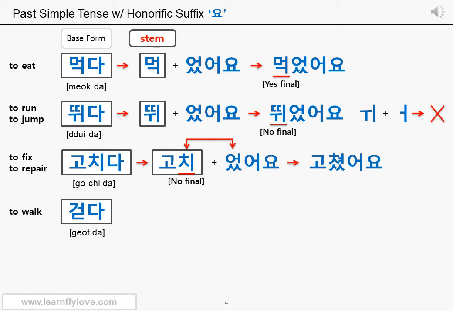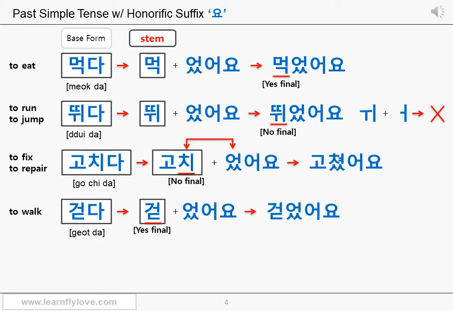Next, 걷다, the base form of the verb to walk. The stem is 걷 with a vowel, so you add 없어요 to put it in the past tense. The last letter of the stem has a final consonant, so it cannot be combined with sound. However, you need to apply this irregular conjugation rule that you learned in the previous lesson.